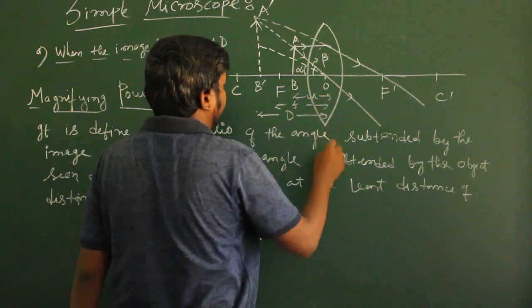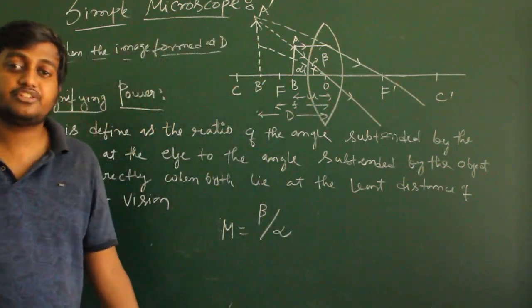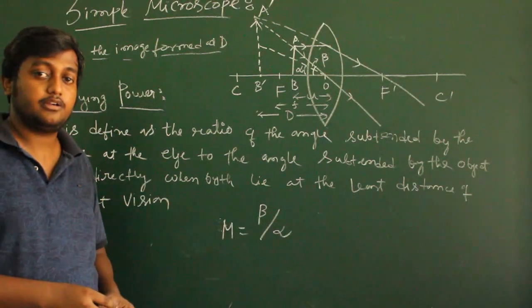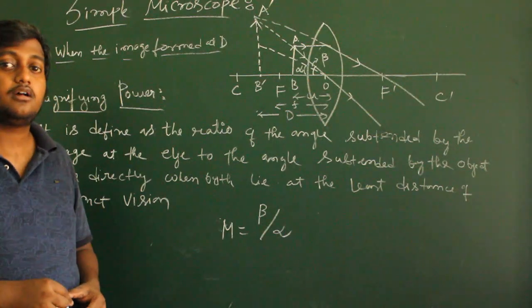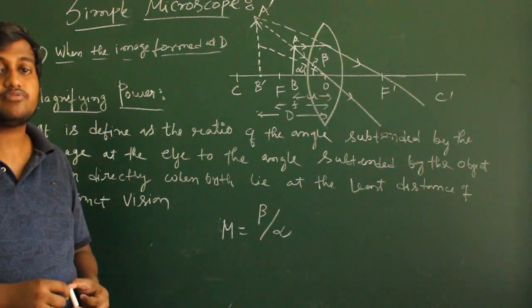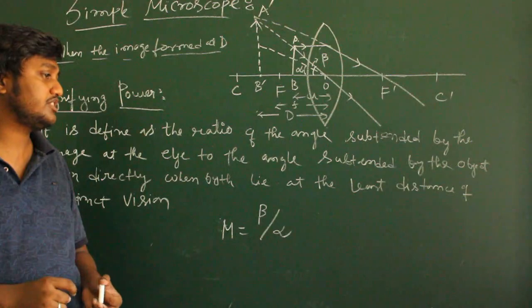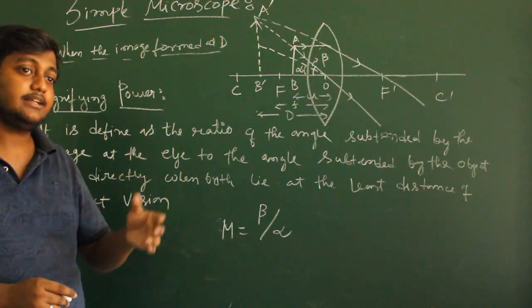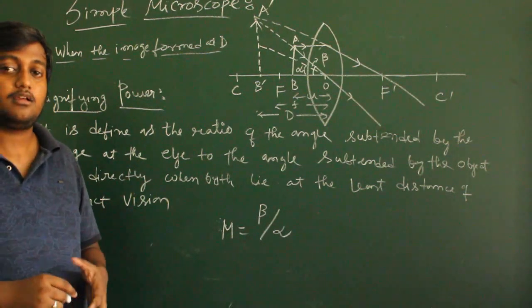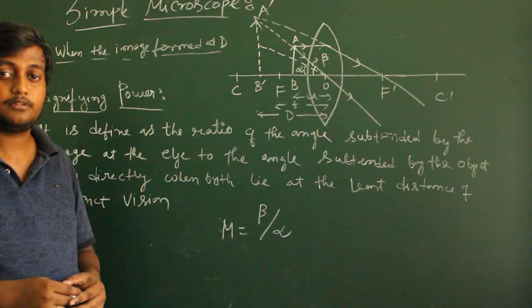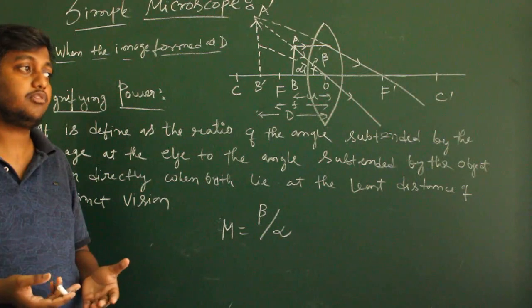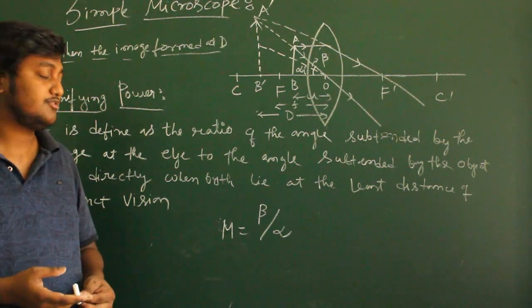For a normal eye, we know that the least distance of distinct vision is 25 centimeter. Least distance of distinct vision means the distance up to which an eye can see an image clearly. So for a normal human eye, it is 25 centimeter.